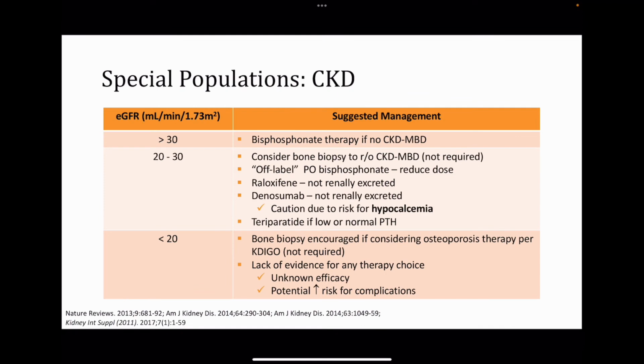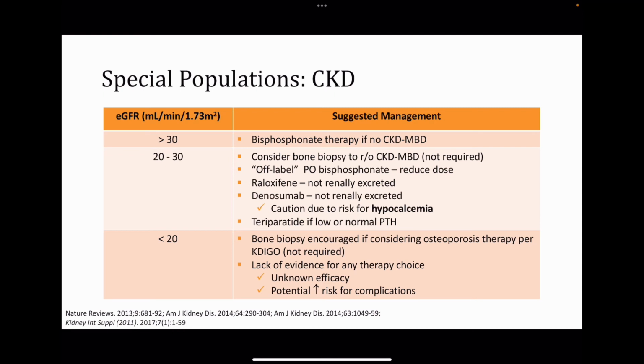Now, looking at the CKD population, I mentioned before that the mechanism of osteoporosis is a little bit different in these patients, and that's why we don't have a lot of data on what to do with bisphosphonate doses. But let's say the eGFR is greater than 30, and they don't have CKD-induced osteoporosis, then we could use bisphosphonate therapy.